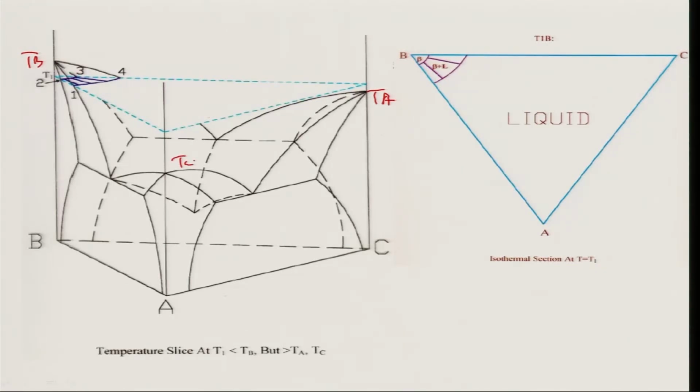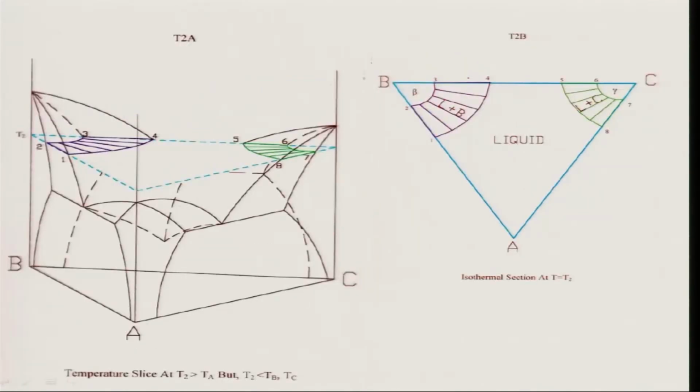What do you do? You cut it. What you see here, you have a beta and beta plus liquid zone. This is liquid L. Correct. And one can draw tie lines in the two phase zone of beta plus liquid. That is straightforward and not difficult to understand. Now what happens if you take it at a temperature T2, which is a little lower than the melting temperature of A, but above the eutectic temperature between A and B, that is E1, the eutectic between B and C actually here.